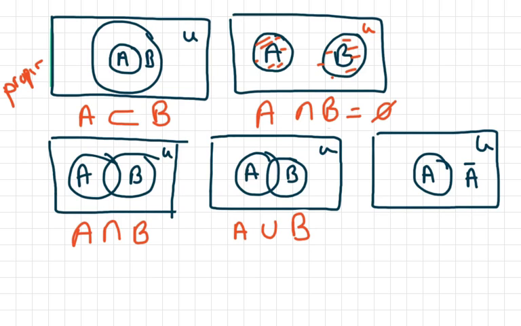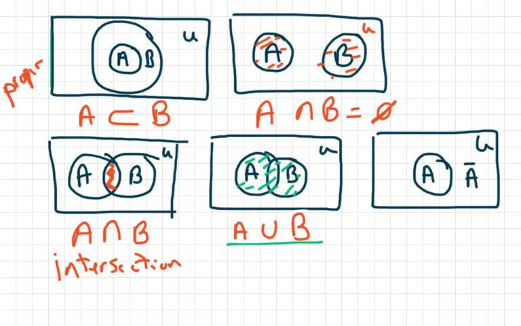This would be the disjoint, okay? So that's disjointed. When you do this and you have the intersection, the intersection would be right in here. The union would be all of it, because the union is A or B, or both.